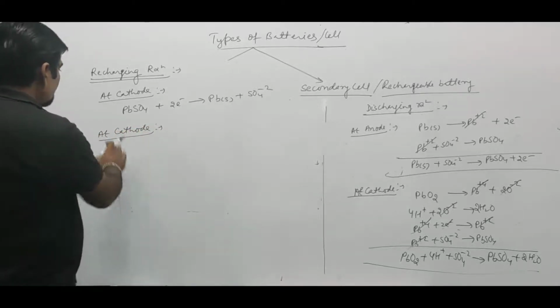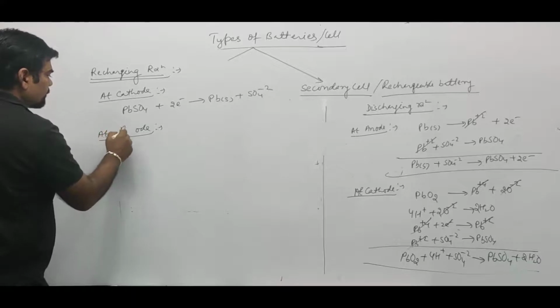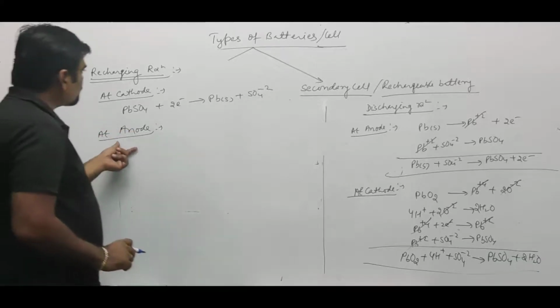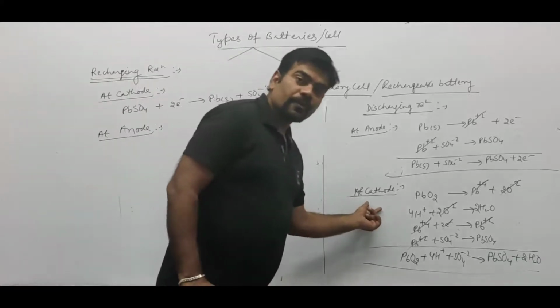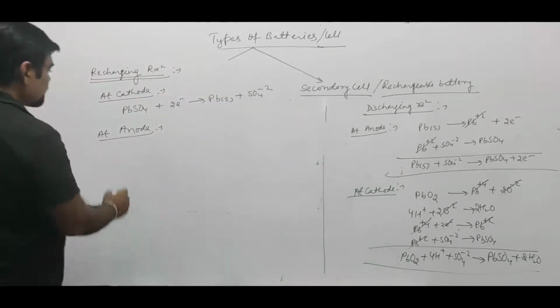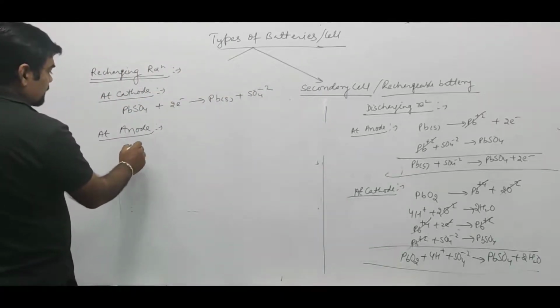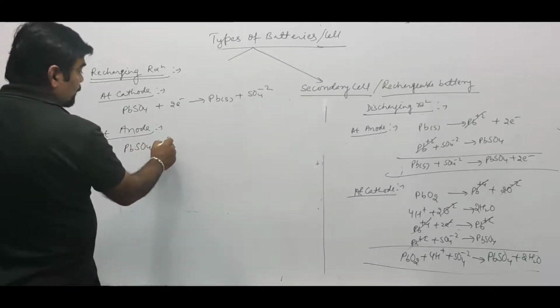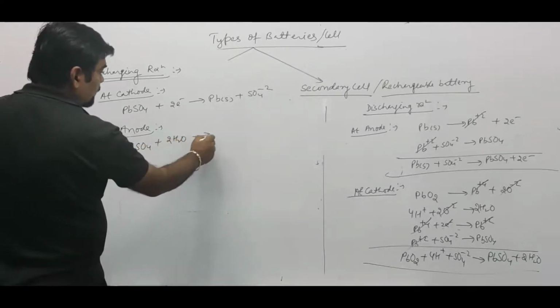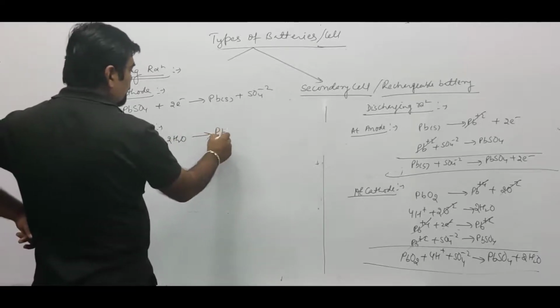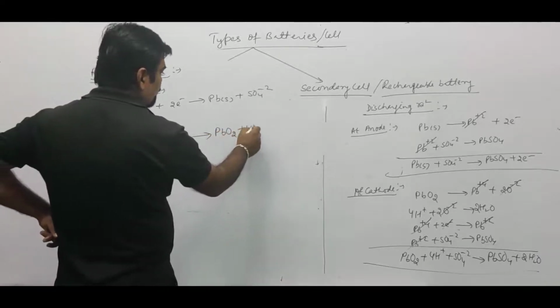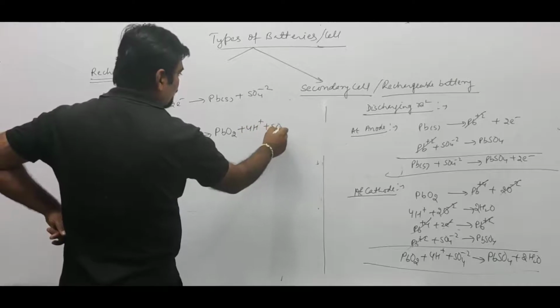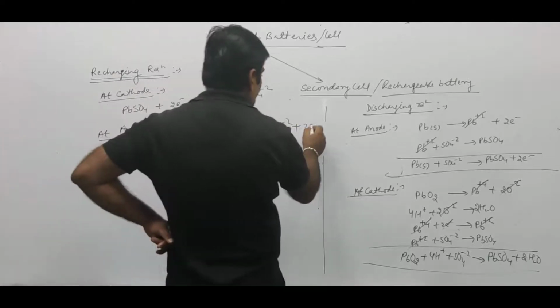The anode of this recharging is the cathode of the discharging. So what is the reaction that takes place? PbSO4 plus 2H2O gives rise to PbO2 plus 4H+ plus SO4 2- plus 2 electrons.